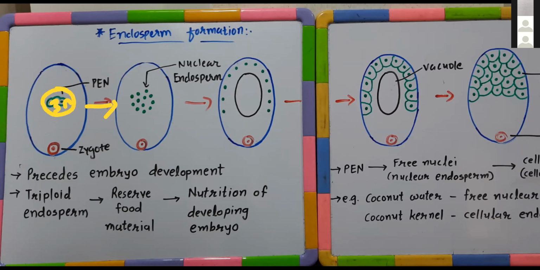No cytokinesis, only continued karyokinesis. This leads to formation of a mass of triploid nuclei. This mass of triploid nuclei is called free nuclear endosperm. For this, the term employed is free nuclear endosperm.